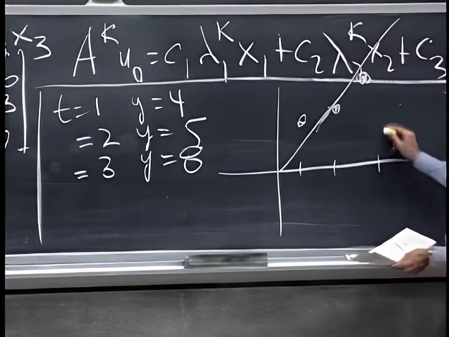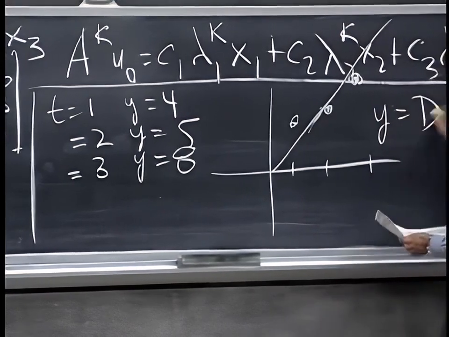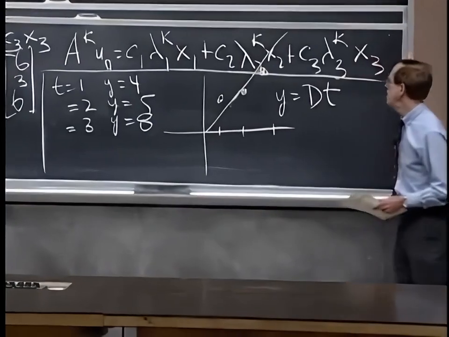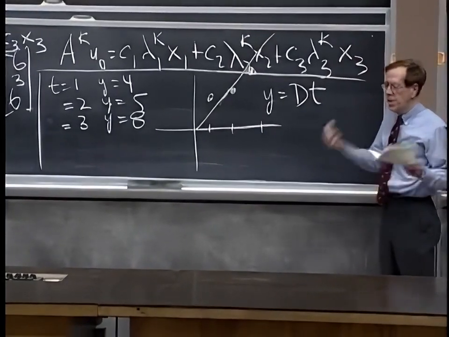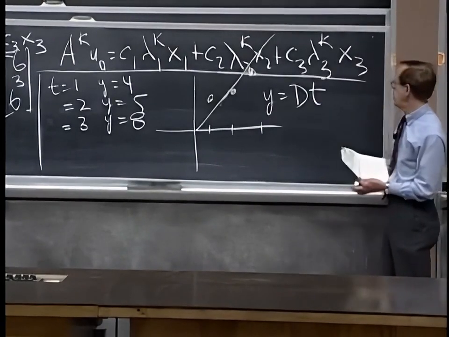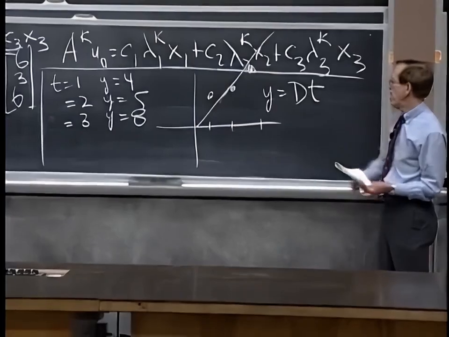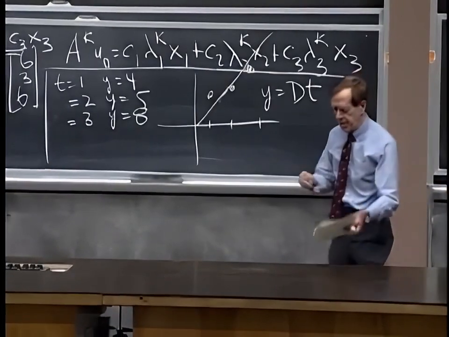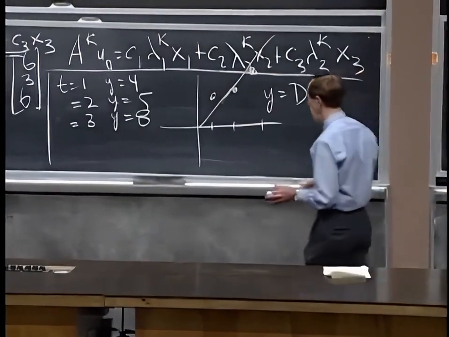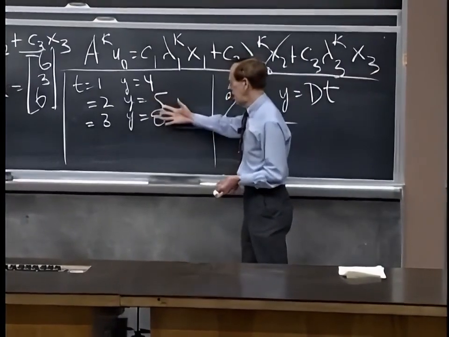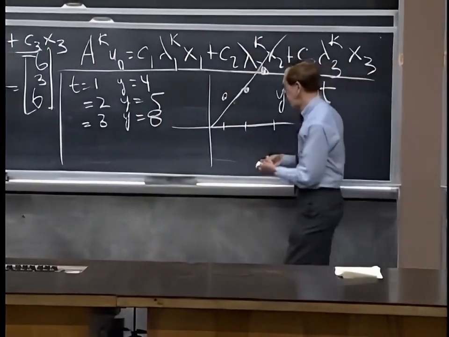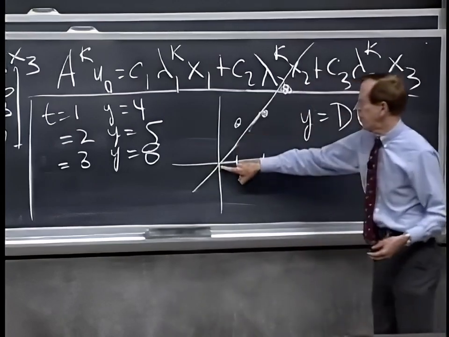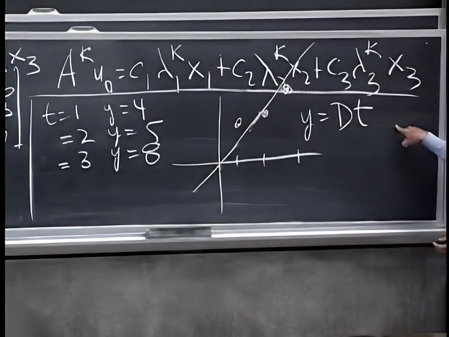Okay, so my equation that I'm allowing myself is just y equal dt. So I have only one unknown, 1 degree of freedom, 1 parameter d. So I'm expecting to end up with my matrix. So when I try to fit a straight line that goes through the origin, that's because it goes through the origin, I've lost the constant c here.